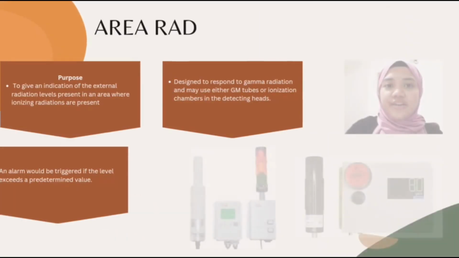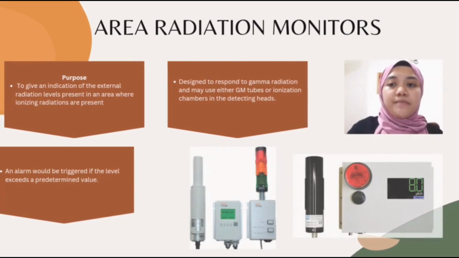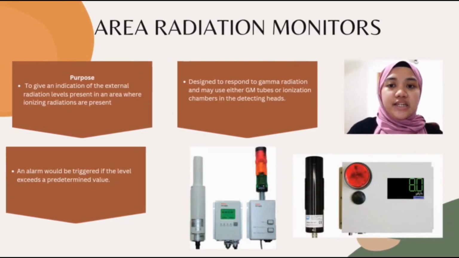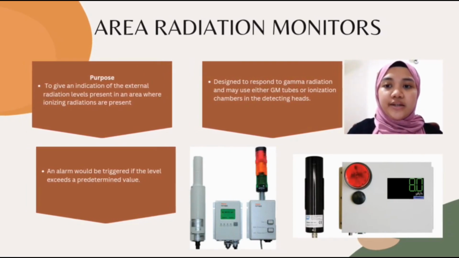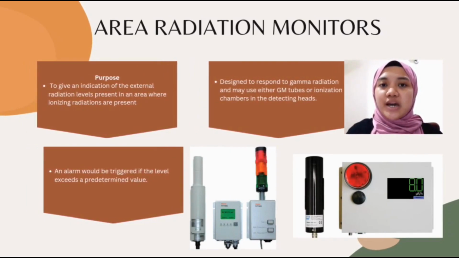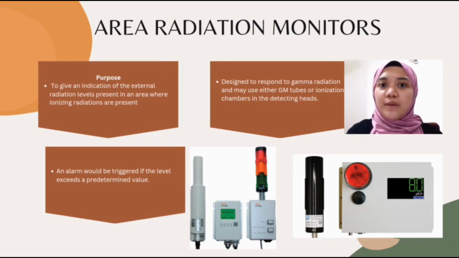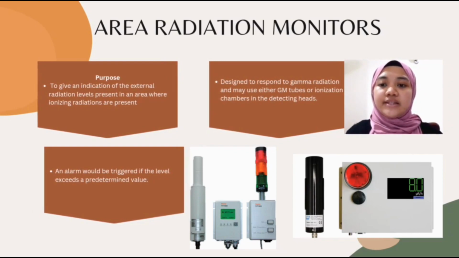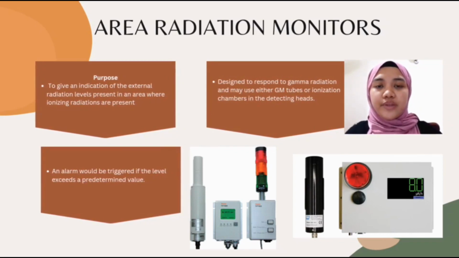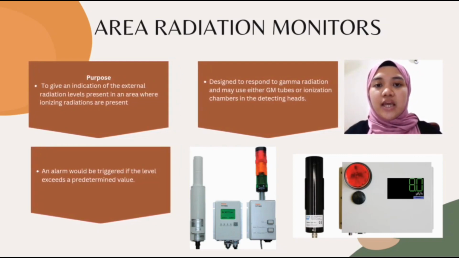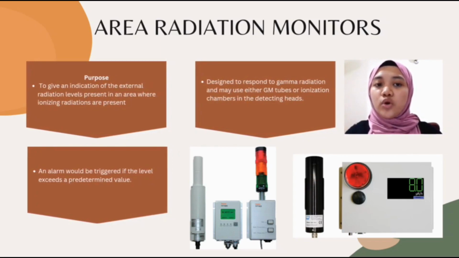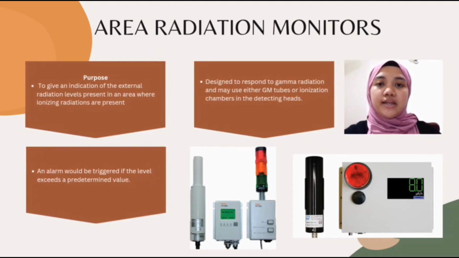Next, the purpose of an area radiation monitor is to give an indication of the external radiation levels present in an area where ionizing radiations are present. An alarm would be triggered if the level exceeds a predetermined value. It is designed to respond to gamma radiation and may use either GM tubes or ionization chambers in the detecting heads.